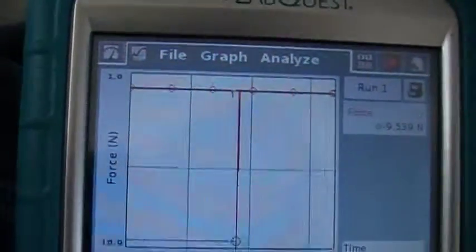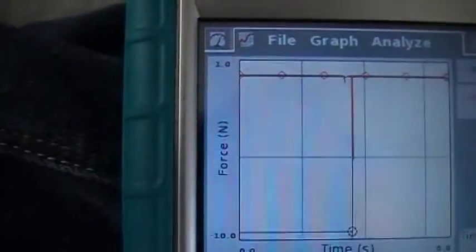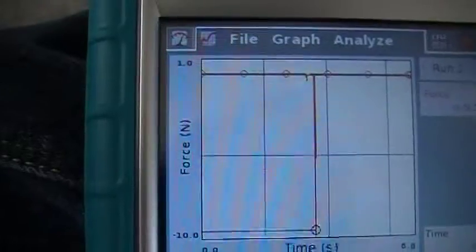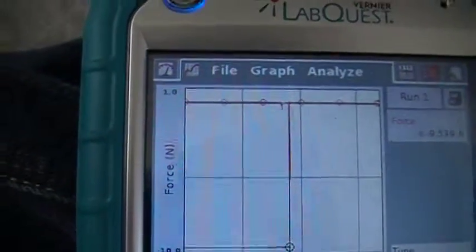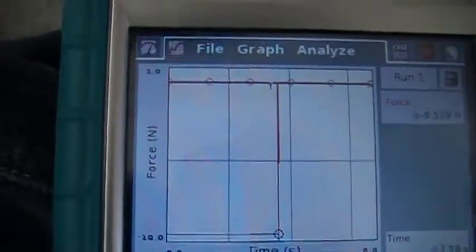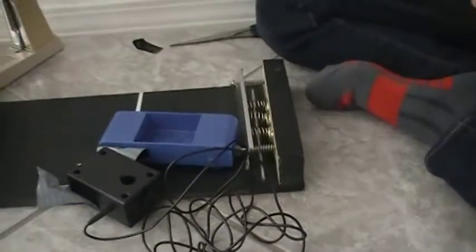Okay, and as I take off the force sensor, my partner is going to tell you about the acceleration and velocity. So as my partner gets ready with showing us the qualitative observations, I will explain to you the velocity and acceleration of this crash.